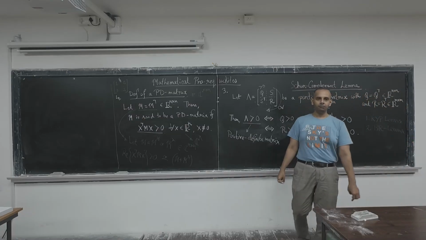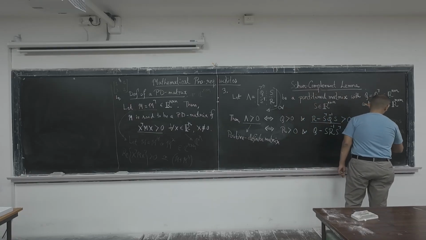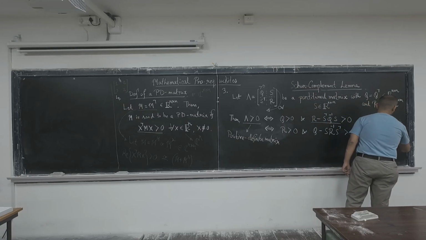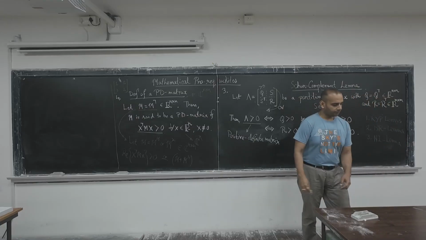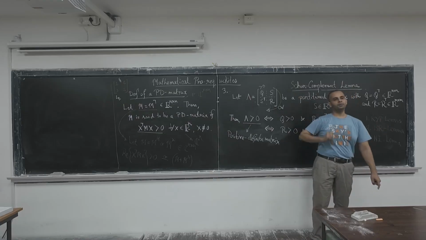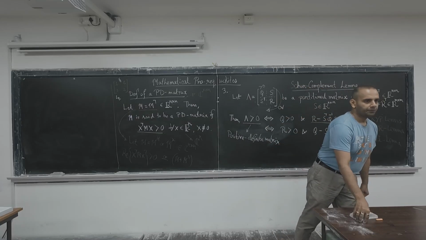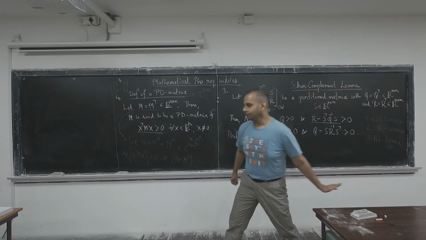In both of them we use this. If time permits, I will also derive the negative imaginary lemma. In all of them, this is one of the key techniques which we use.